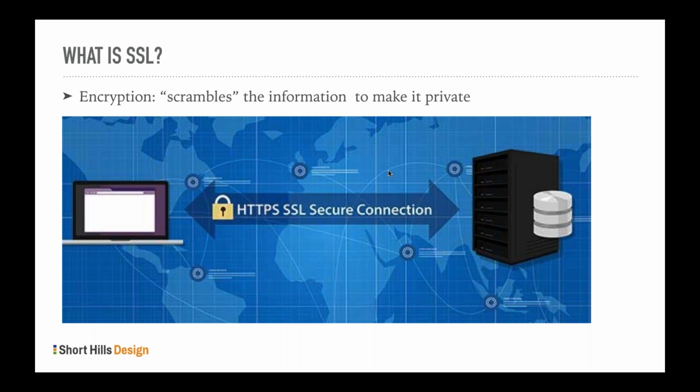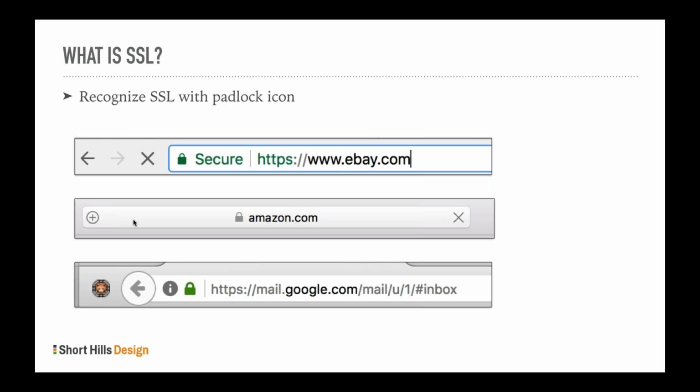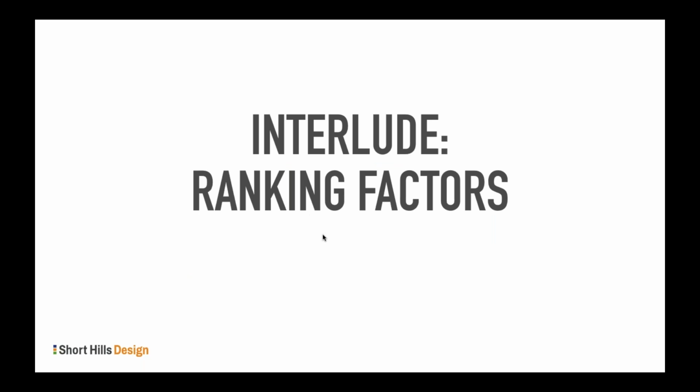For both computers to determine that they both know the combination, that takes an extra millionth of a blink of an eye. So it's a hair slower. That being said, Google knows that and they're encouraging it, so don't worry if you get a hair of slowness because of your SSL. Now, you can also verify identity with SSL, and that's something we're going to talk about shortly.